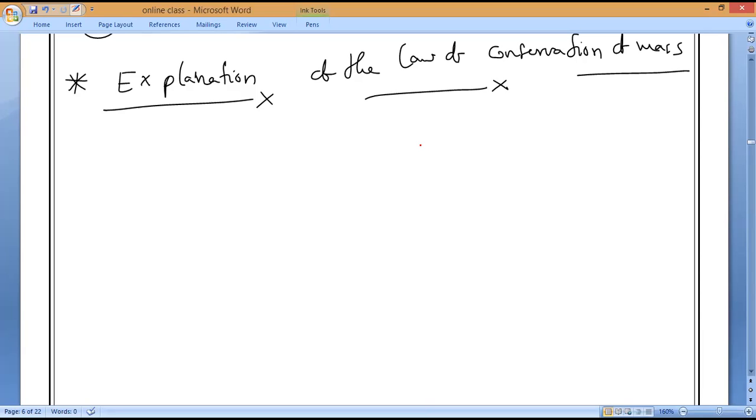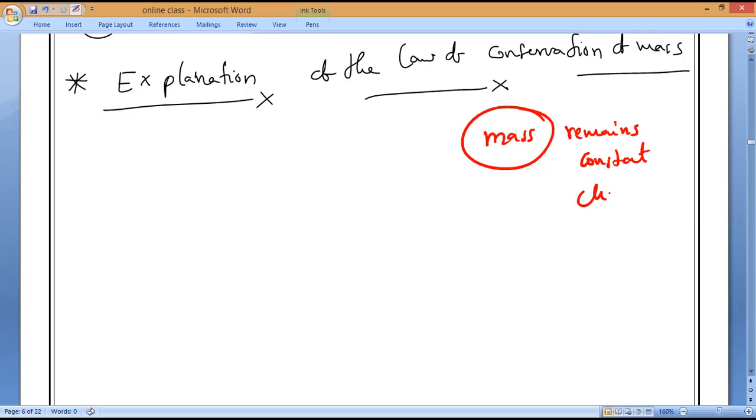Always it is the smallest particle. So due to this reason, the mass remains constant during the chemical reaction. Do you understand, everybody? That is how he is explaining the law of conservation of mass.